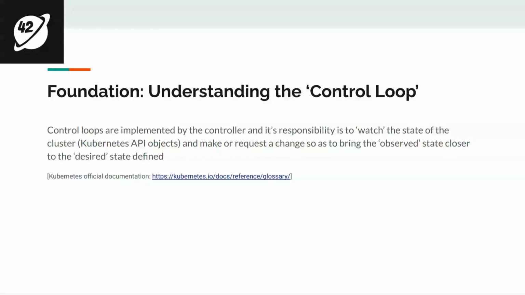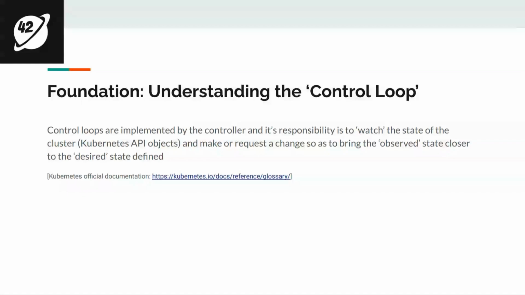And then, based upon the state changes that they are watching, perform a specific action. Either make a change or request a change and delegate to someone else, most likely another controller, to act upon it. But the idea is very simple, right? It's a continuous loop, which is noticing the state changes as they are coming in and taking a certain action.